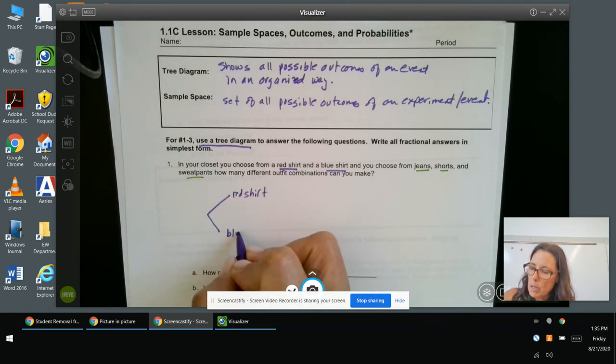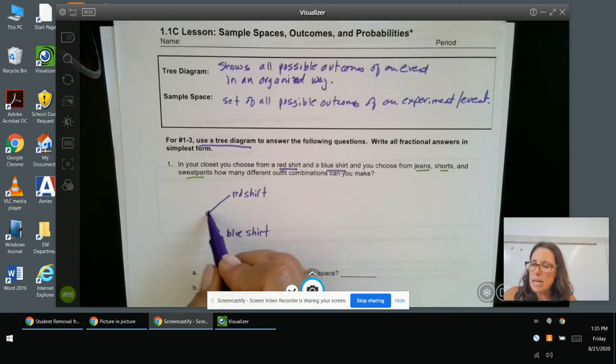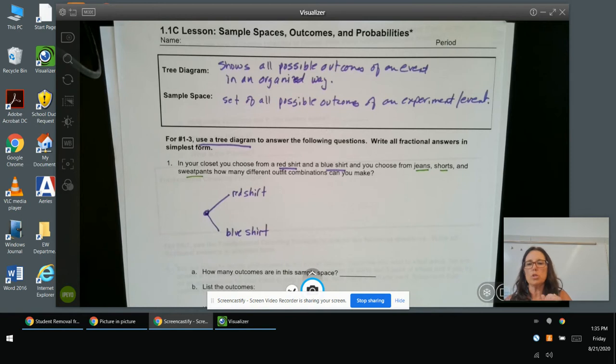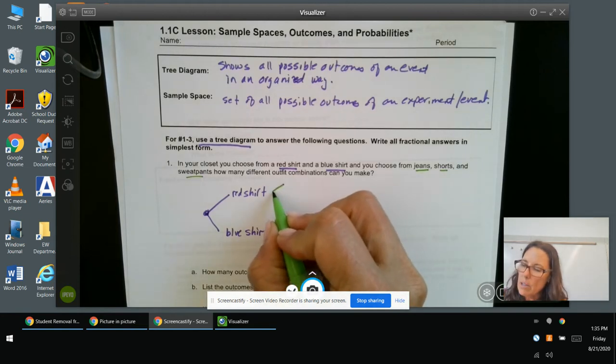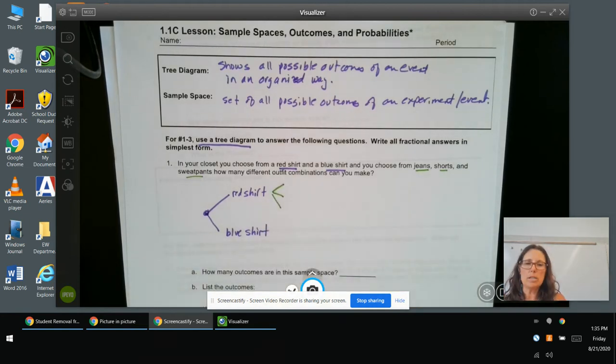Okay, so I'm going to go red shirt or blue shirt. Starting right here, we've got two options, red shirt and blue shirt. Then from red shirt and blue shirt, we've got three different pant choices.